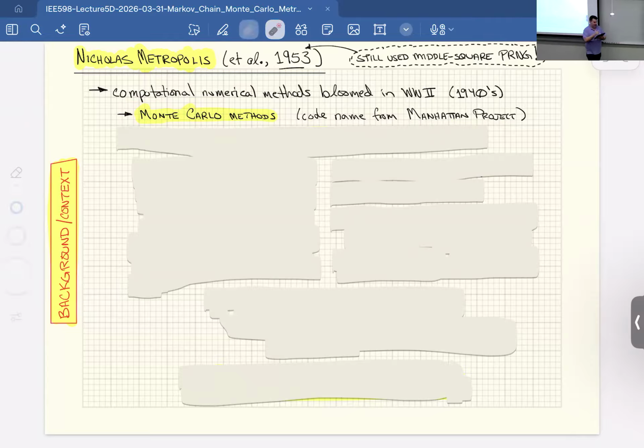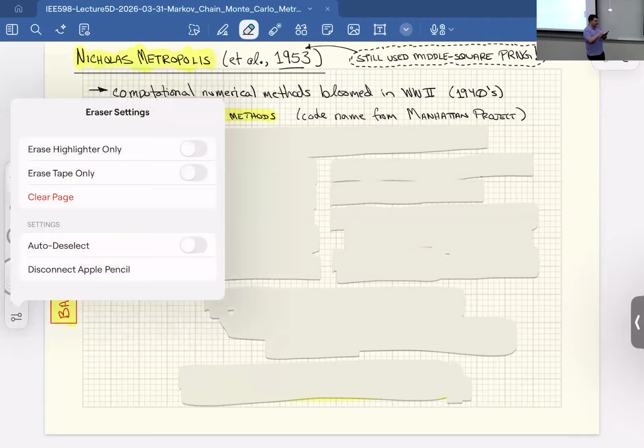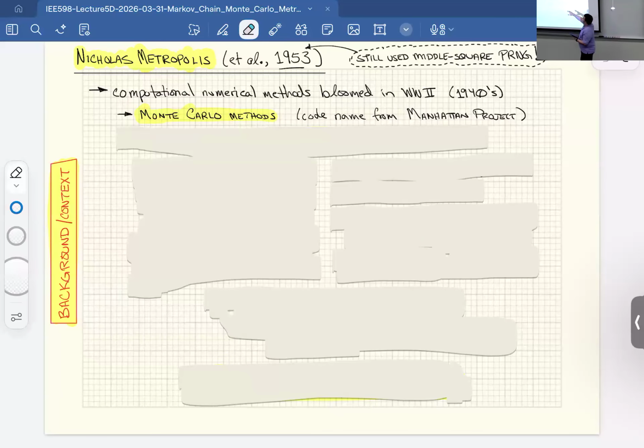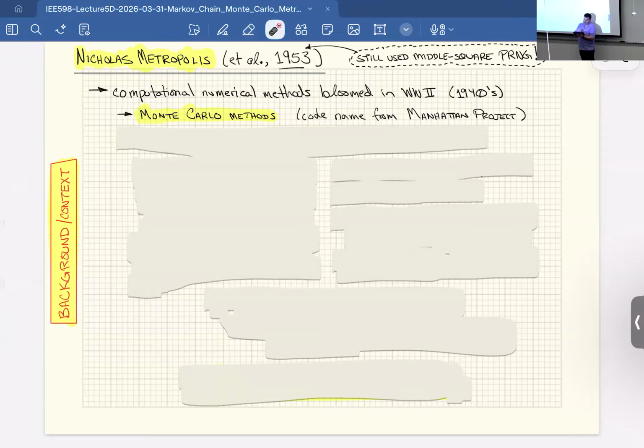That was the code name to hide that. Those methods boomed just around the time of the development of the atomic weapons, because they needed these numerical methods to make predictions about these processes, so they could then design the technology.